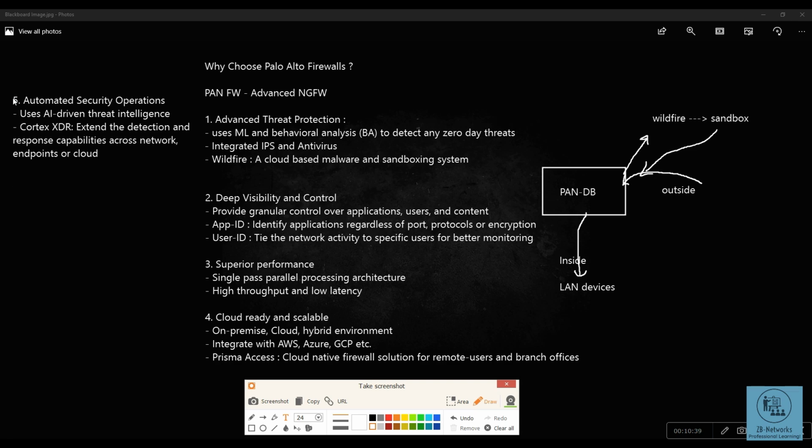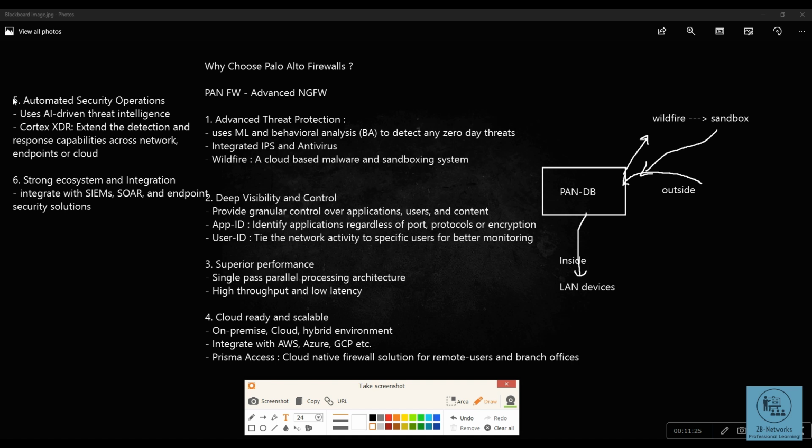Okay, and the sixth point would be strong ecosystem and integration, which means that your Palo Alto products can seamlessly integrate with any third-party solutions, like any third-party SIEM solution or third-party SOAR solution, and also third-party endpoint security solution, right?